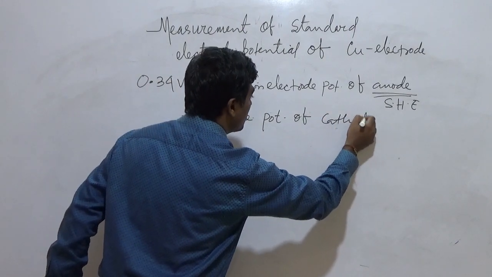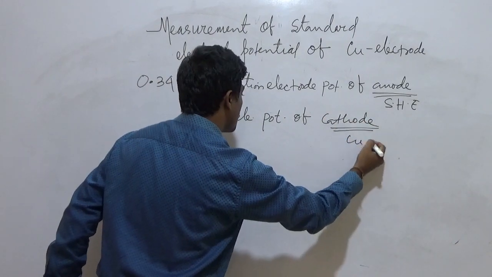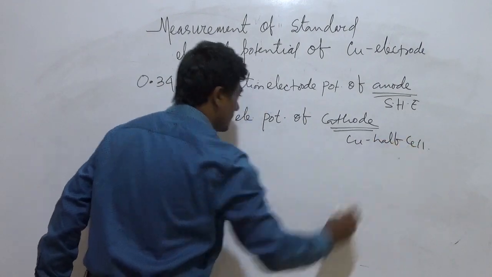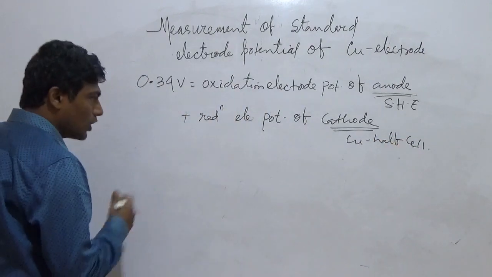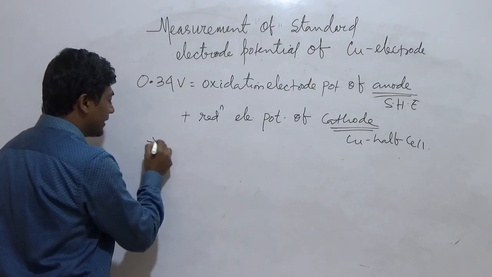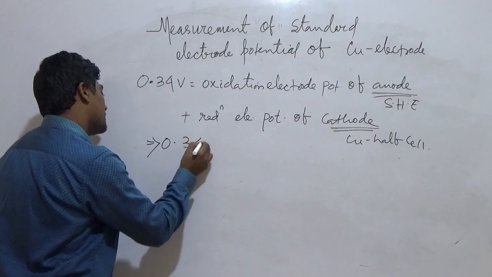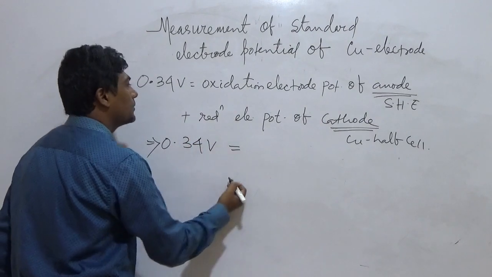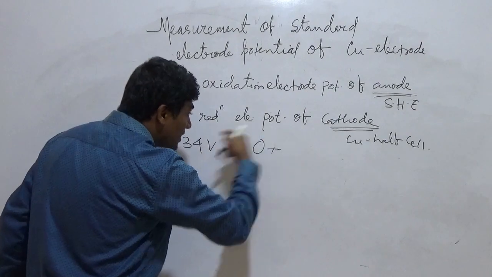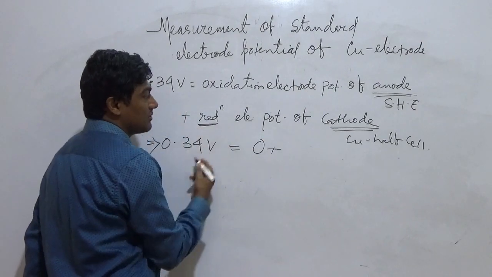Here the cathode, where the reduction takes place, is the copper half cell, or the copper electrode. So we'll write, implies 0.34 volt is equal to, conventionally taken as 0, plus the reduction electrode potential.